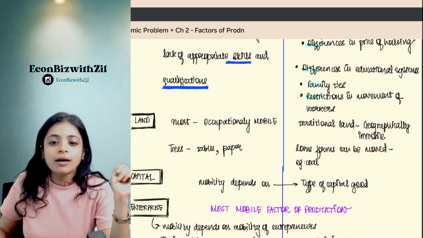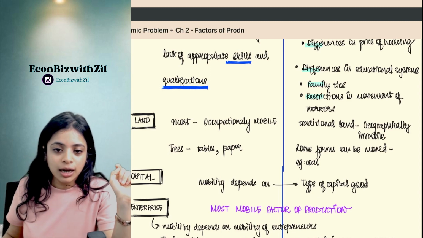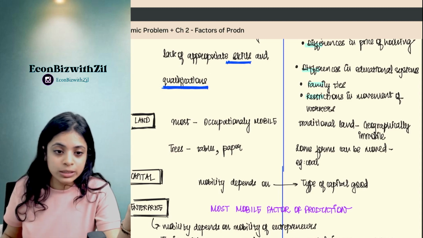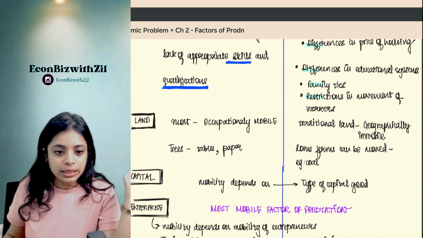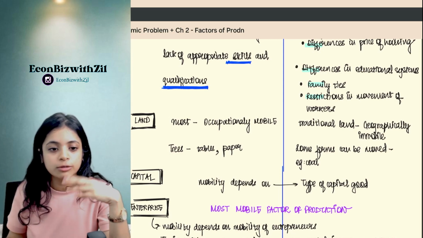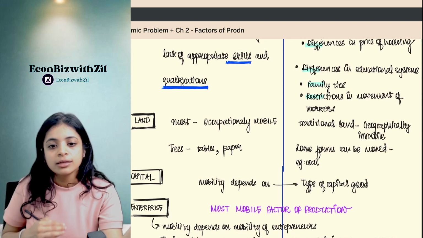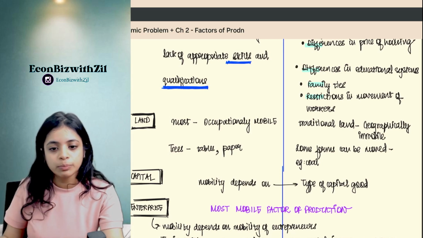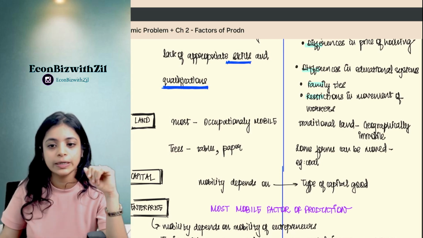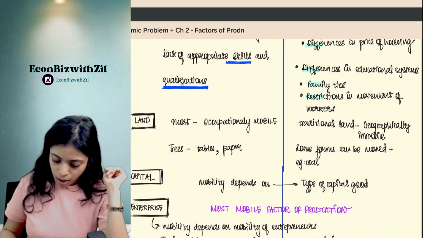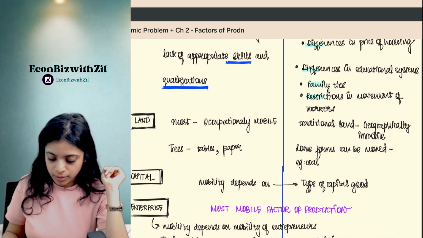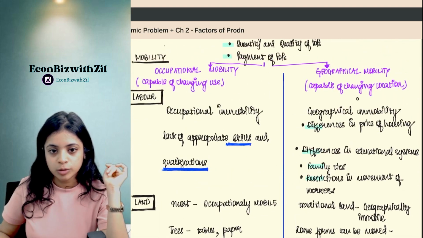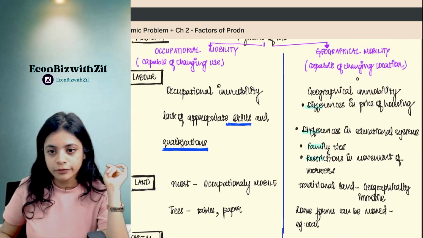For example, trees could be used to make tables, could be used to make paper. So we mostly see that the same land could be put to several uses. Now, coming to the right side: the left side is going to be occupational mobility and the right side is going to be geographical mobility.